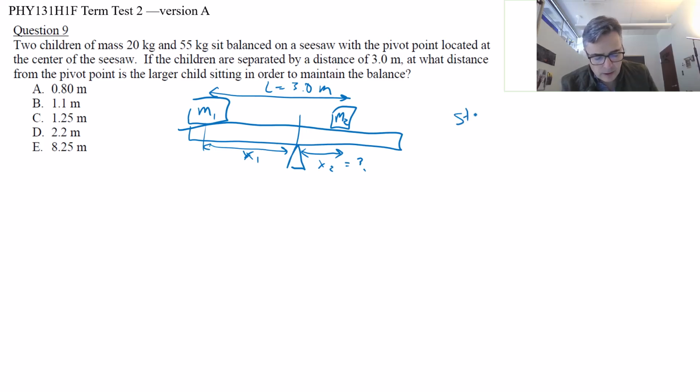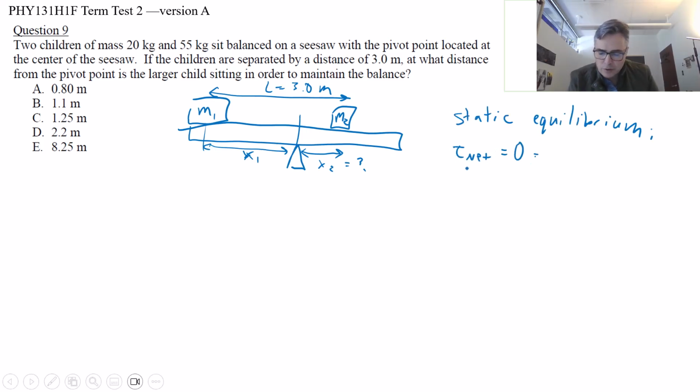But in static equilibrium, the net torque is equal to 0. So M1 will be pressing down in a counterclockwise direction, so plus M1 times G times X1, which is the perpendicular lever arm there.